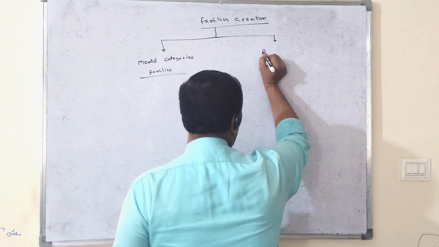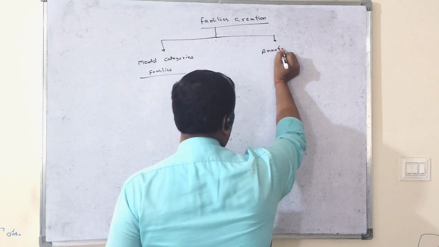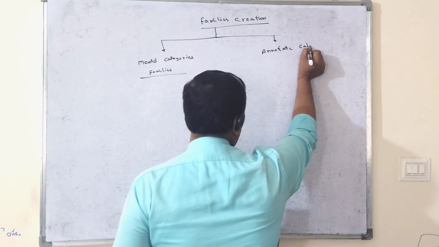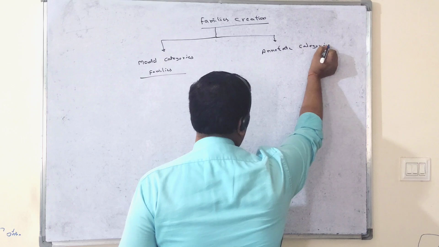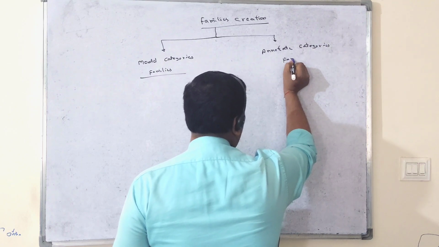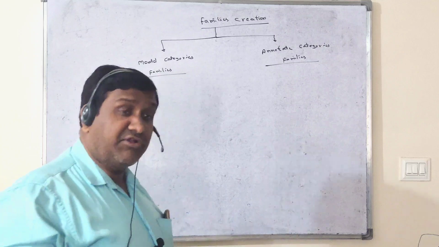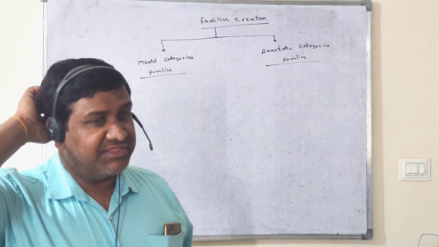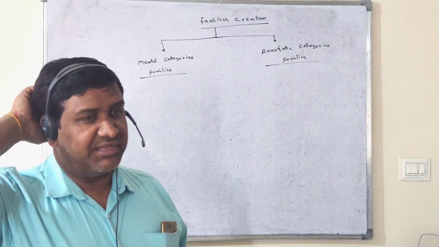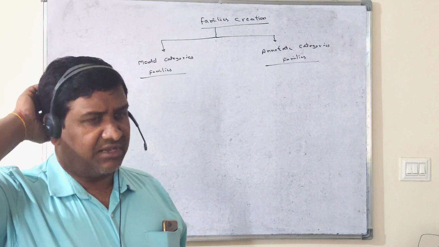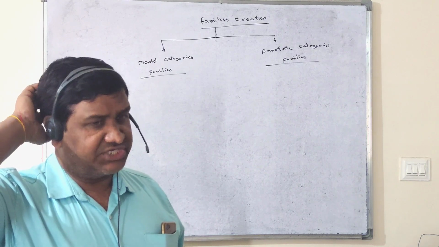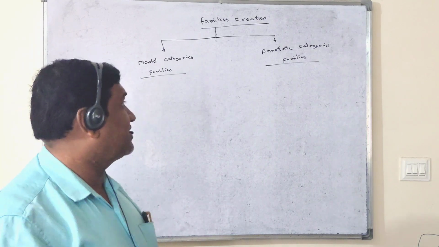And one more is there, the annotate categories family. Annotate category means 2D families. Some of the texting and tagging which we create is also a family, but that is an annotate family. Annotate is nothing but dimensions, texting, documentation, so that comes under 2D.